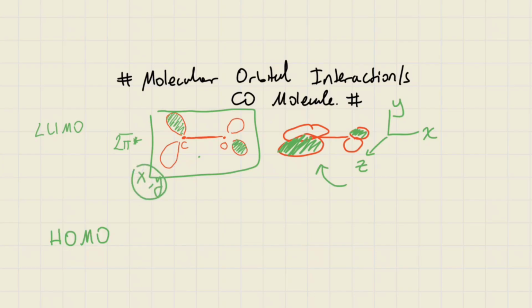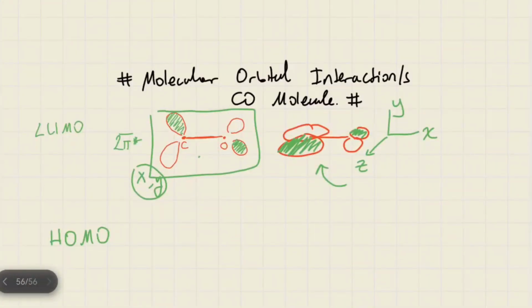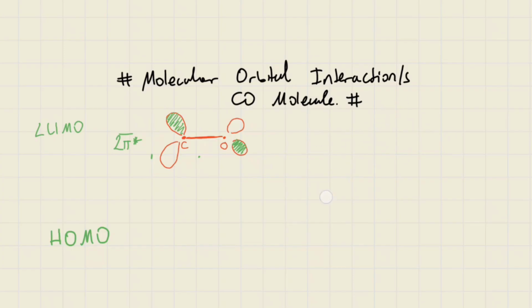But you understood, since we have two degenerate LUMO orbitals, we have two of them, but we can only use one of them to show the interaction. Okay. And we have HOMO orbitals.